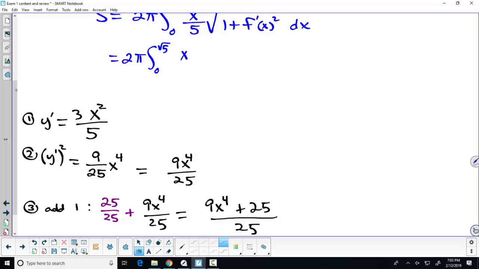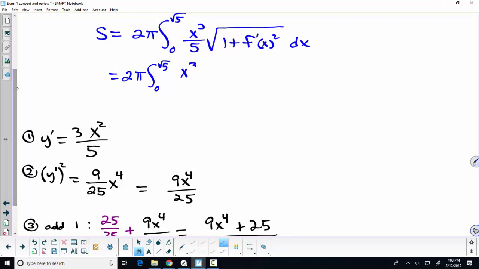So this part right here, and I'd say most surface area problems that they have you work by hand are going to be constructed so that the part of the root here cancels with part of the function out here. That's just how they work out.